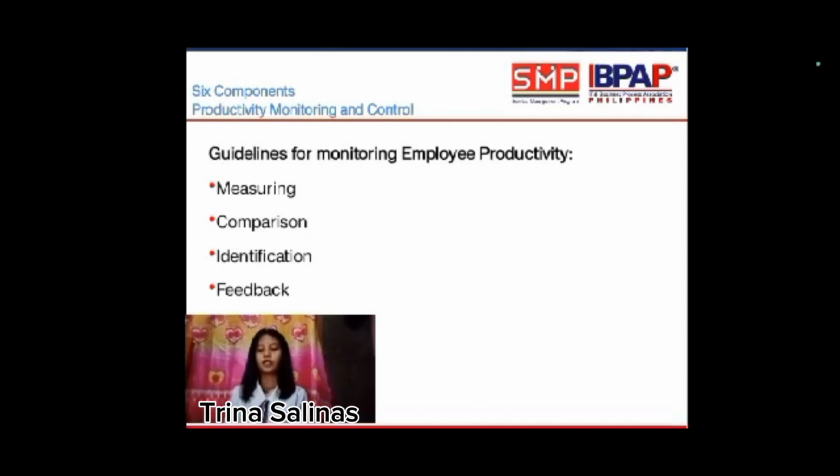The identification. The purpose of productivity monitoring is to figure out why something might not be productive. There are two possible reasons. Number one is the person may not be able to do their job well, and two is they may not want to do it.